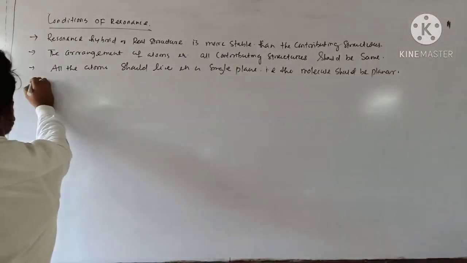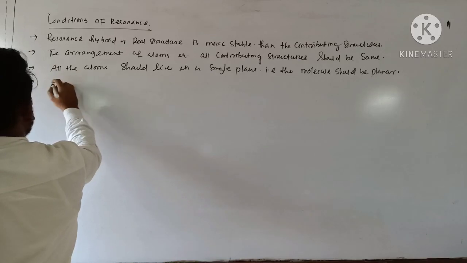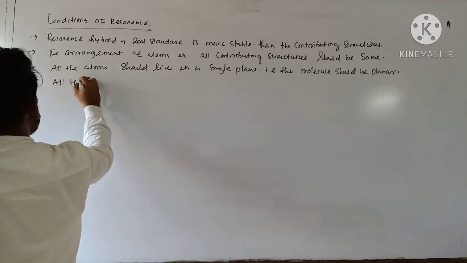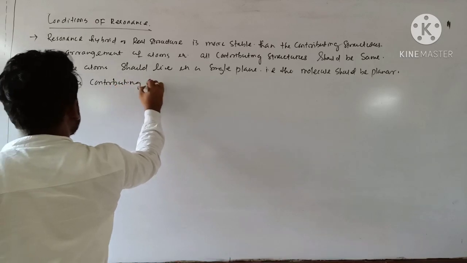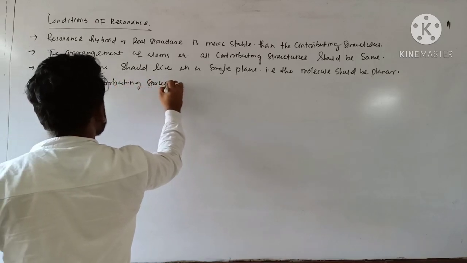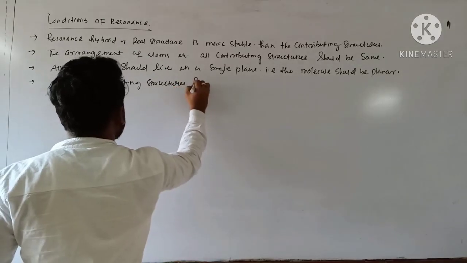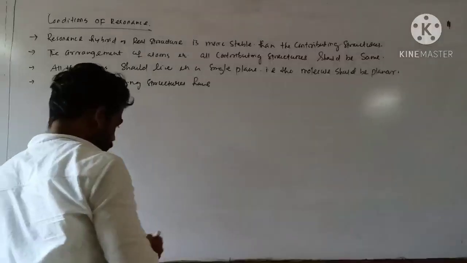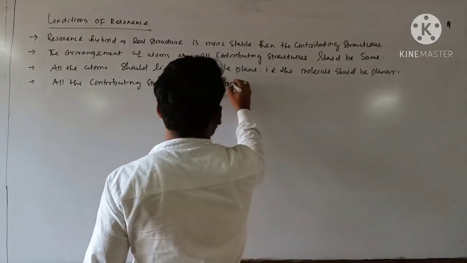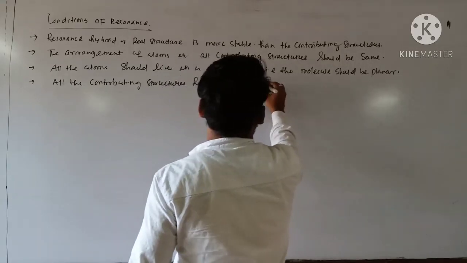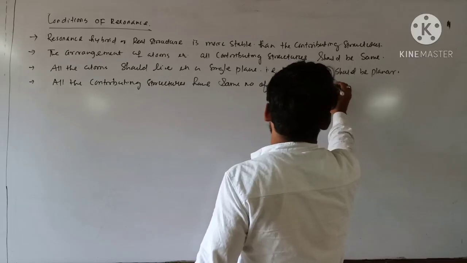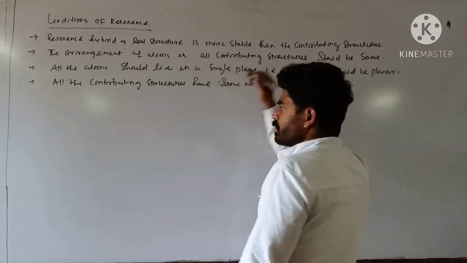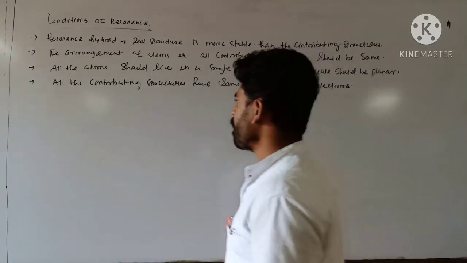And here, all the contributing structures have the same number of unpaired electrons. Same number of unpaired electrons. Clear?